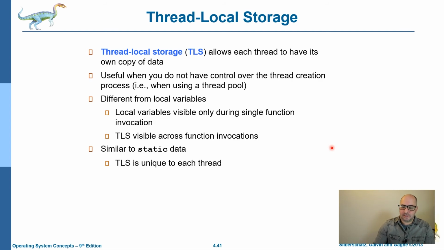This is similar to global data, but it's global to the thread, not to the process. So you can say, I need to allocate a specific amount of state and have it available to all functions within a particular thread, so we will allocate some thread local storage for it.